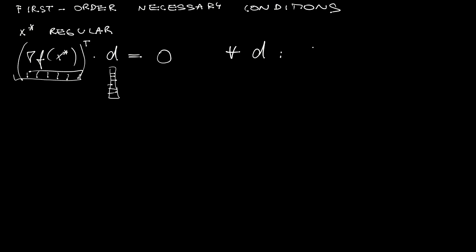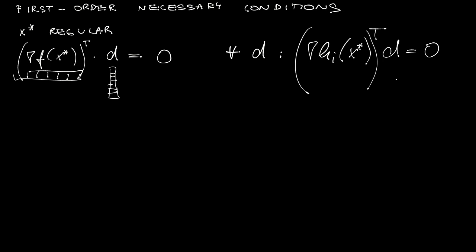Let me write it down as gradient of hi at x star transposed times d is equal to 0 for i is 1 to m.